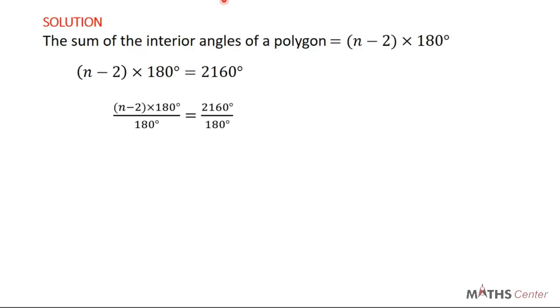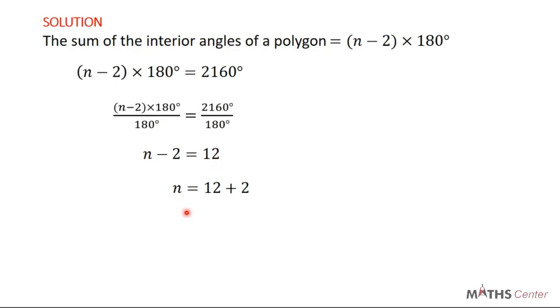So what we are going to do is that straight away I'm going to divide this side here by 180 degrees. Then I divide this side here too by 180 degrees. So from here, 180 degrees will cancel 180 degrees. So this side is going to be n-2, because here will cancel itself, 1, it will cancel here, 1. So I'm going to have n-2. 2160 degrees divided by 180 degrees will give us 12.